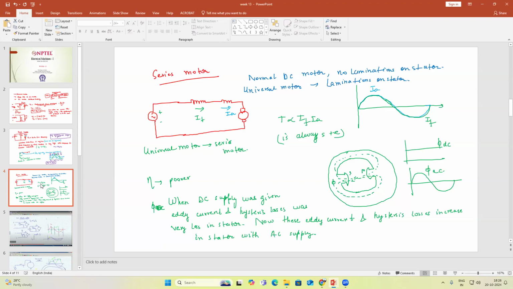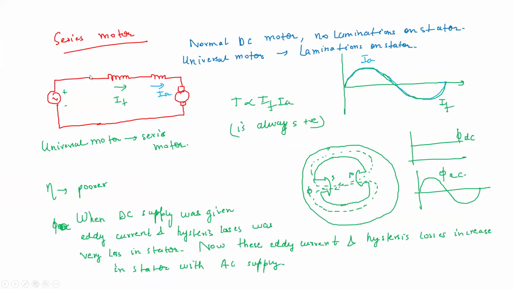So this is the series motor. Now series motor means that the universal motor is a series motor with an AC supply. Because you are giving an AC supply, the flux which is produced is time varying in nature. Before it was a constant flux, but now it is time varying flux.